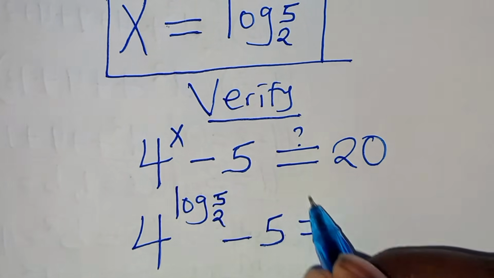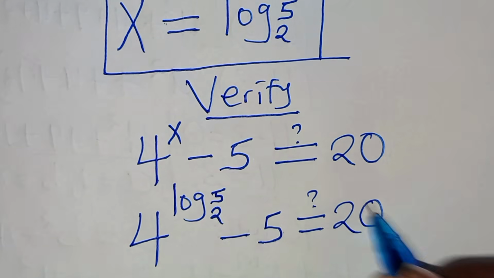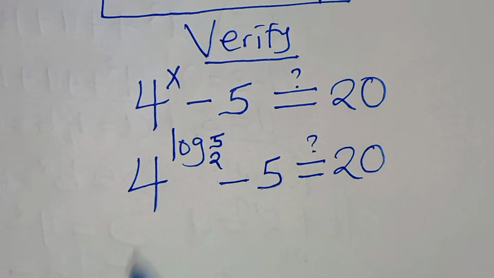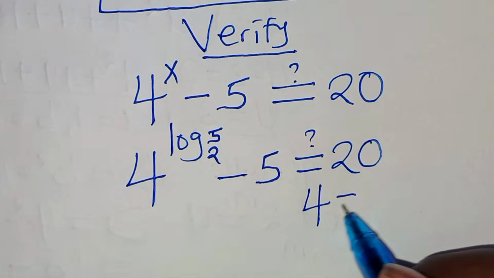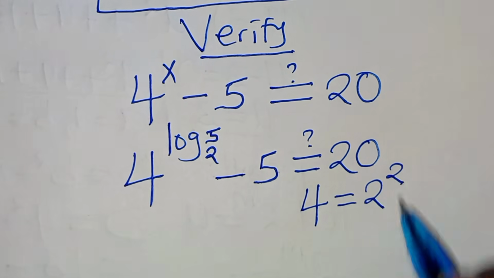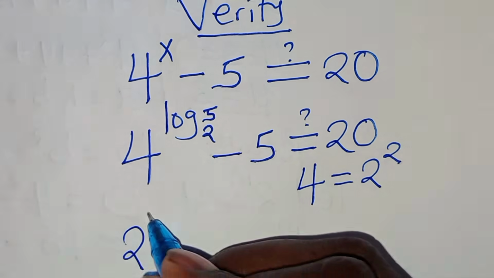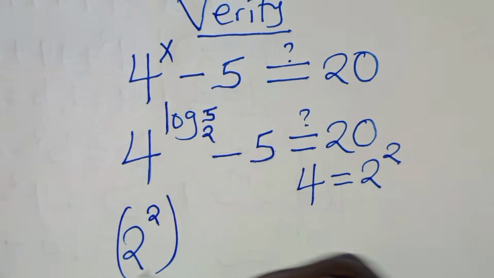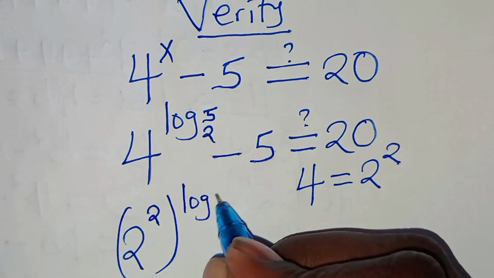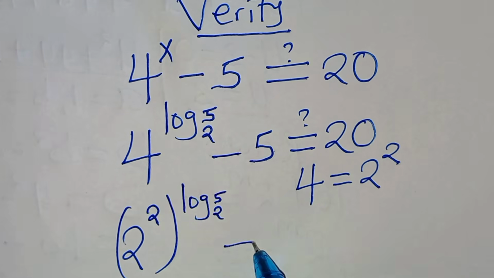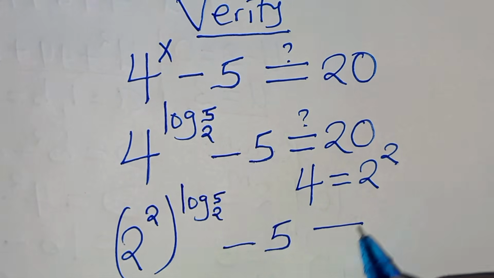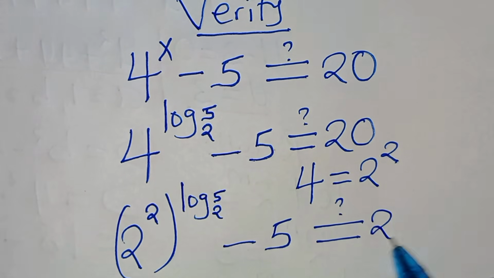This is supposed to give us a value of 20. Now we can express 4 as the same thing as 2 to the power of 2. So we have 2 raised to the power of 2 raised to the power of log 5 to base 2, subtract 5. This should give us a value of 20.